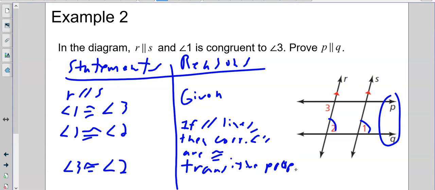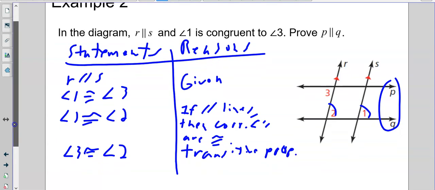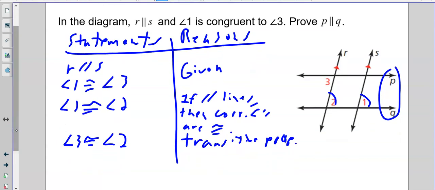So remember, that's like if I give my friend a cold and they give another friend a cold, I basically gave that third friend a cold. Or if I'm friends with this person, and they're friends with a third person, me and the third person will probably be friends based on similar characteristics. So if 3 is equal to 1 and 1 is equal to 2, then we know 3 is equal to 2.